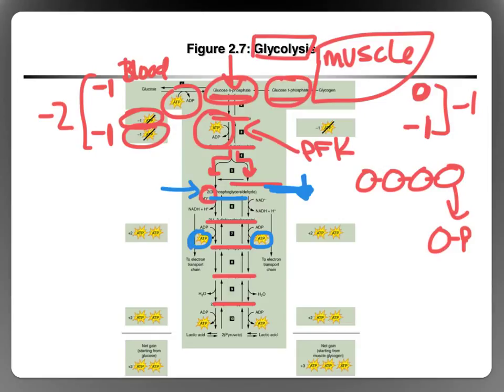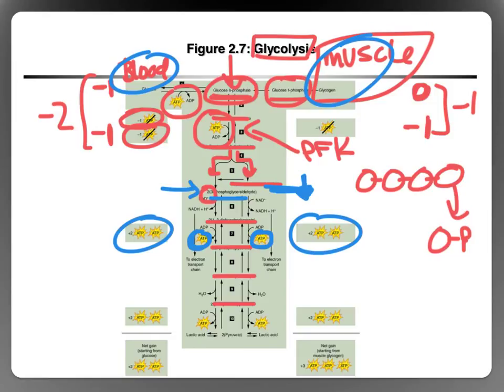Okay, so we get 1, 2 ATP. Okay, we get 2 whether you start with blood or whether you start with muscle glycogen. At this point, we have plus 2.